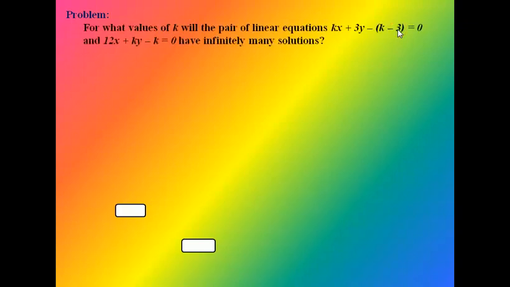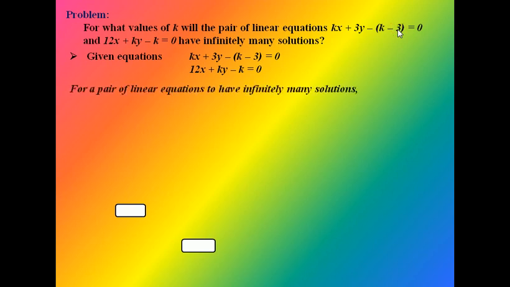For what value of k will the pair of linear equations kx plus 3y minus k minus 3 is equal to 0 and 12x plus ky minus k is equal to 0 have infinitely many solutions? Given equations: kx plus 3y minus (k minus 3) is equal to 0, and 12x plus ky minus k is equal to 0.